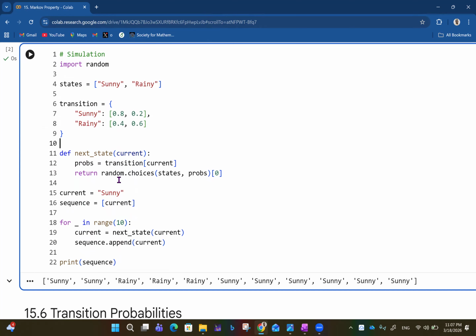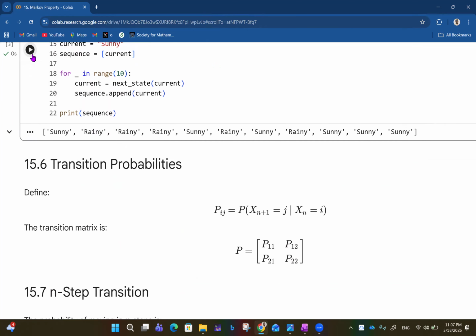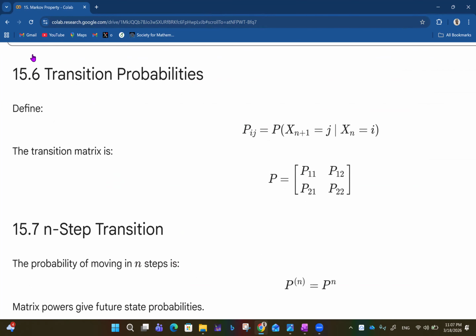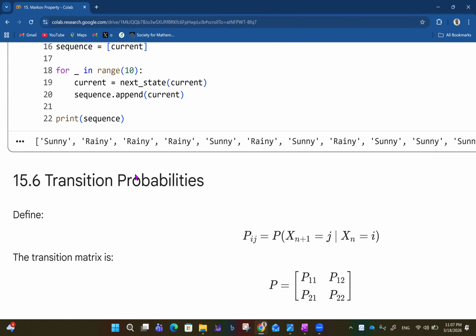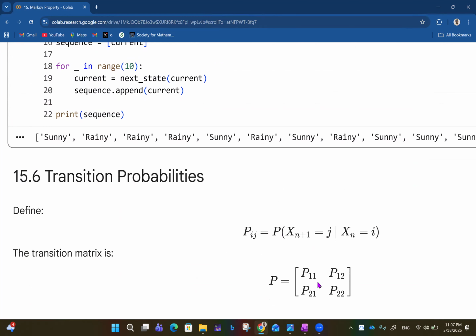Then talking about transition probabilities now. Transition probability is the probability we already saw, and I try to interpret that. If you define Pij to be the probability that xn plus 1 equals j, given that xn equals i, then the transition matrix can be said to be P equals P11.